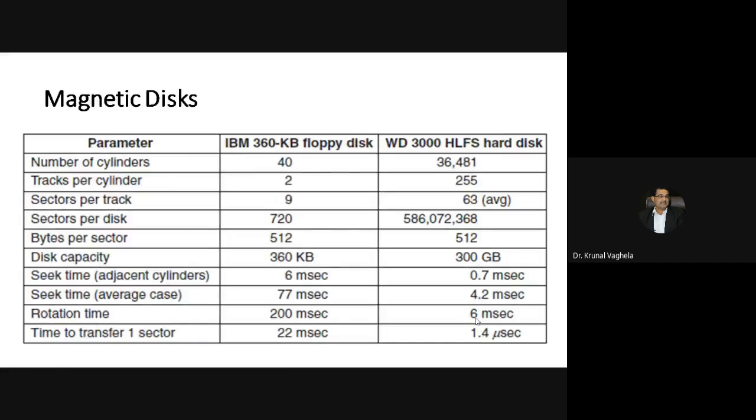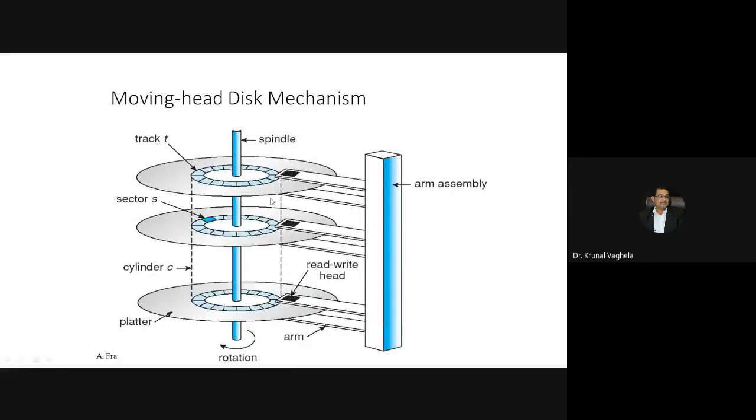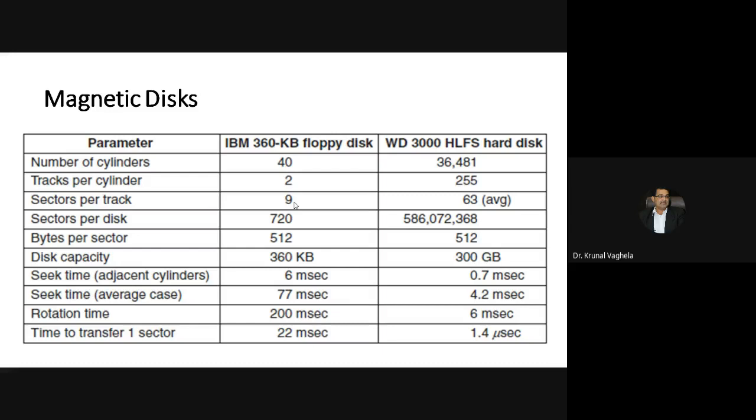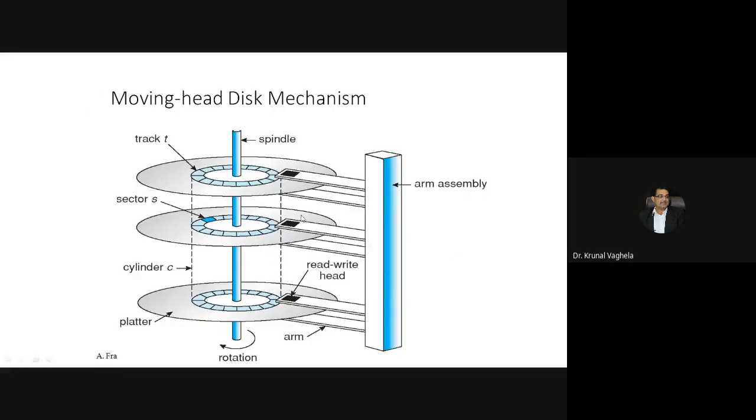So how can we schedule the requests so that arm movement and rotation are minimum? With minimum movement we can get maximum data, because the transfer rate is not that much, but maximum time goes to seek and rotational delay. Our goal is minimum movement so that data transfer can be faster.